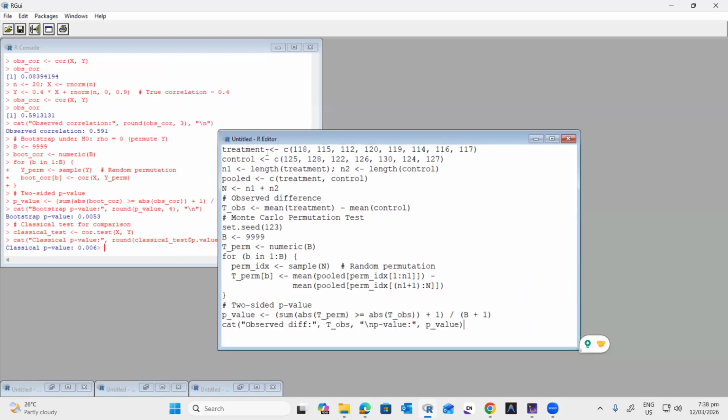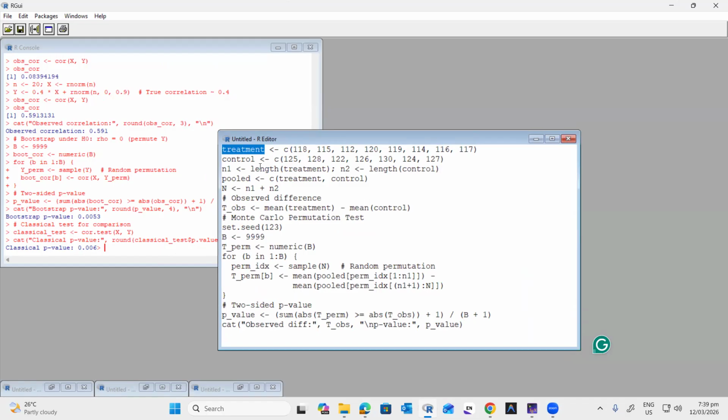Here, in treatment we are going to store the treatment observations, and in control we are going to store the control observations.